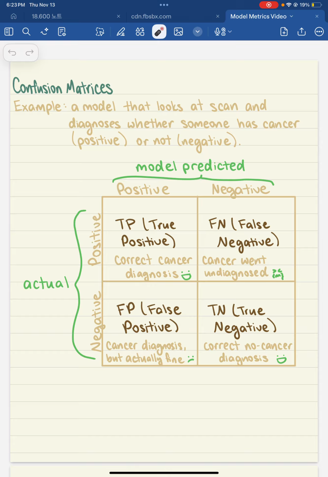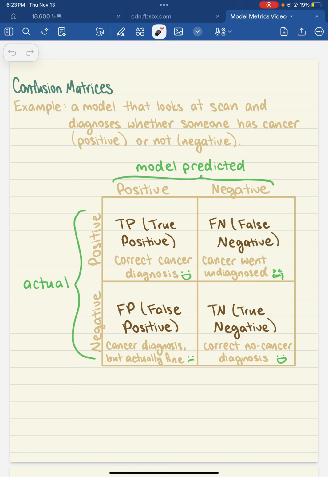This is a real world application of these machine learning models. So this is a binary classification problem. The model will take in an image and will predict either that person does not have cancer, this negative, or that person does or might have cancer, and you should do more tests.